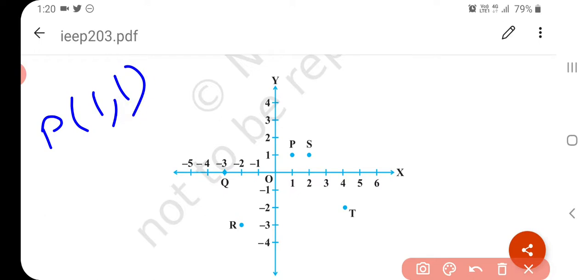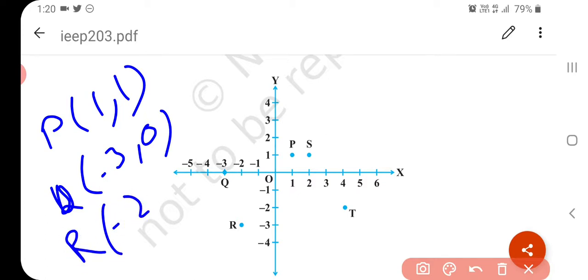Q is on the x axis, so Q is -3, 0. What is the coordinate of R? It's -2 and -3. So R is -2, -3. What is the coordinate of S?